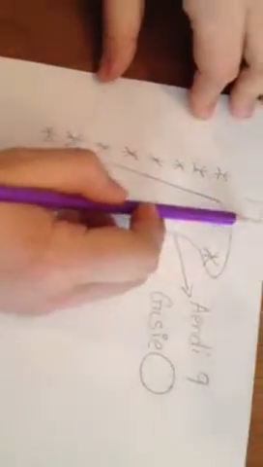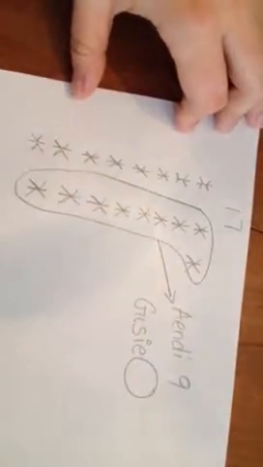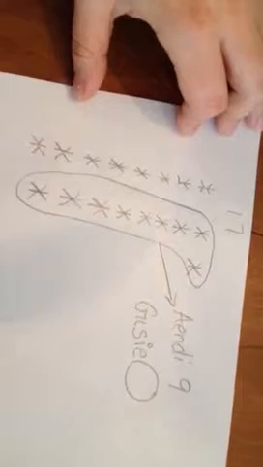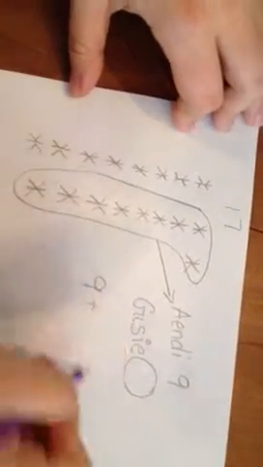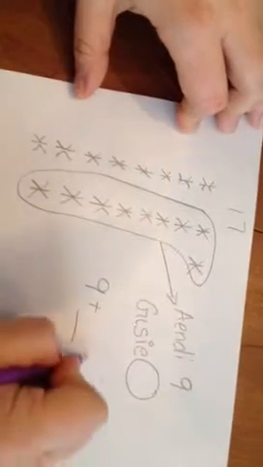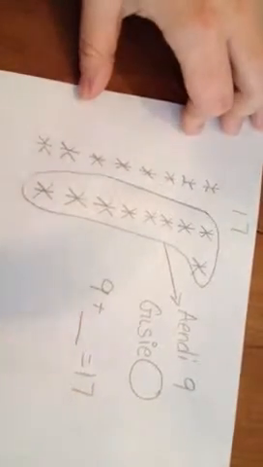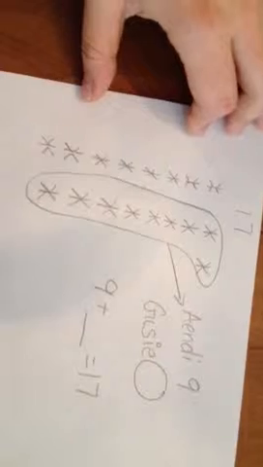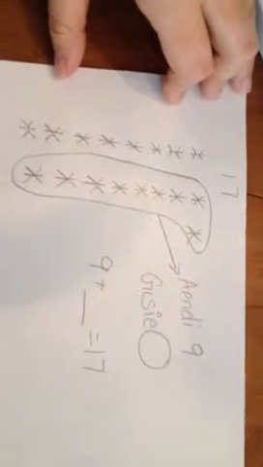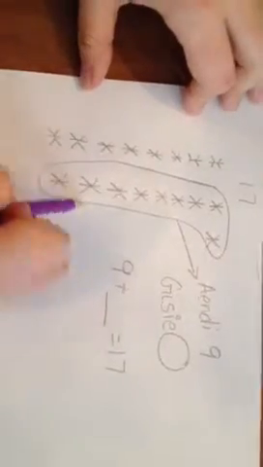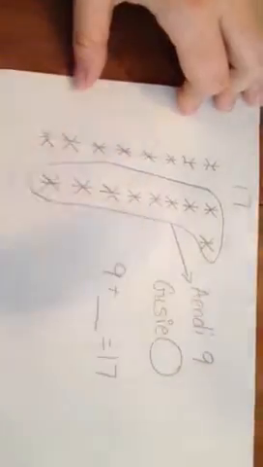So I know that there were 17 and Andy caught 9. If I want to make that into an addition sentence, I'm going to do 9 plus blank equals 17. Since I drew my picture, now all I have to do is count the number of crickets that were left after I circled Andy's.